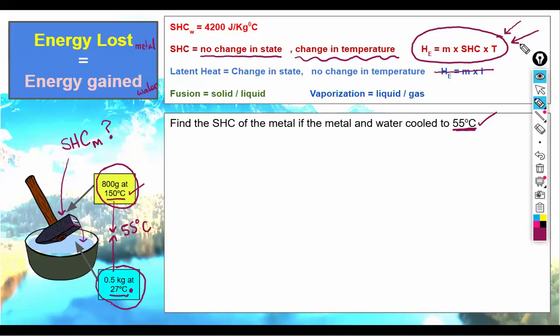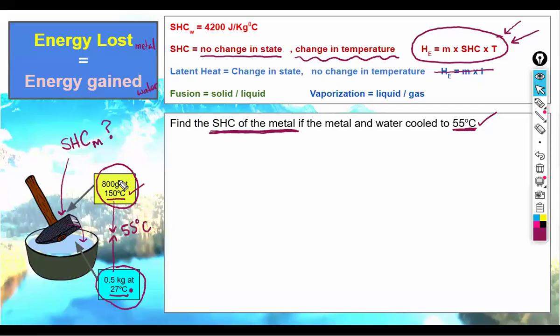Put the two things equal to each other, and you'll have a simple algebra equation that allows you to solve for what the question is asking, which is the specific heat capacity of the metal. Just take a try. You don't have to get it correct. Giving you a couple minutes, right? You'll be surprised how many of you will come close to getting this out. Okay.